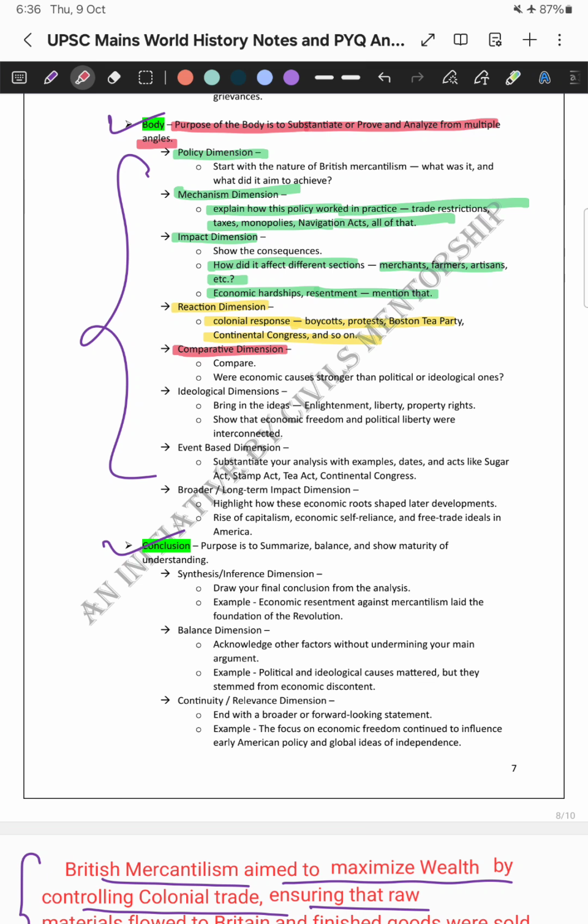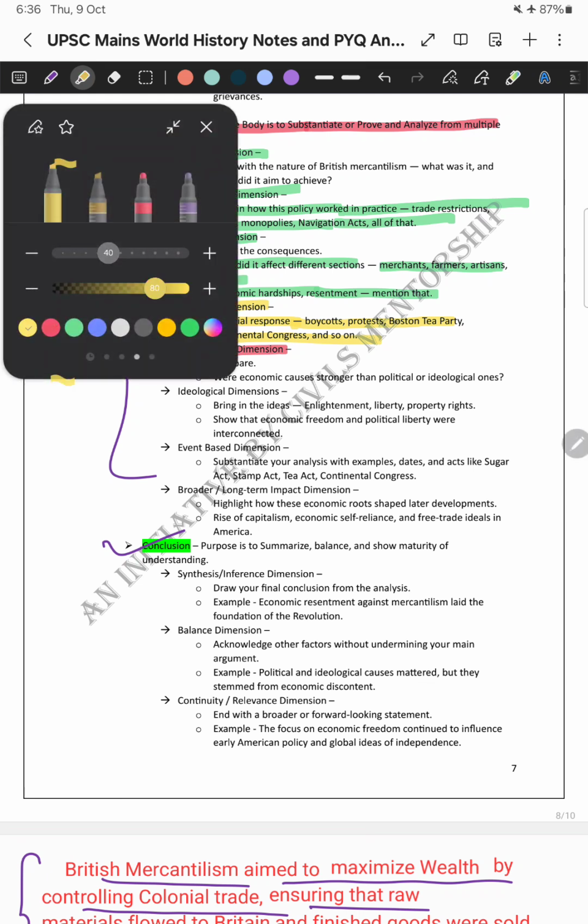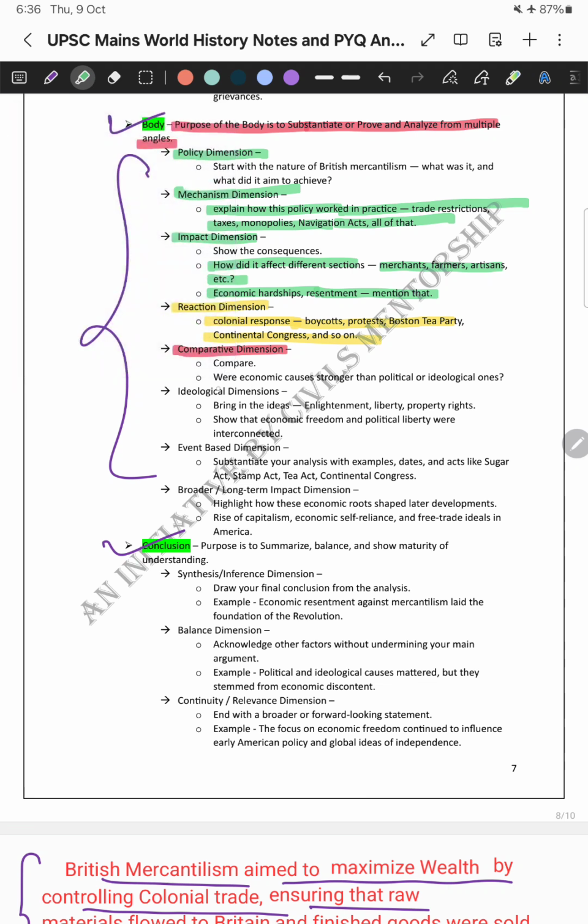Though we had political and ideological factors as well, the economic factor was the major thing. So this is the evaluation part. That means you are evaluating the economic factor against the other factors.